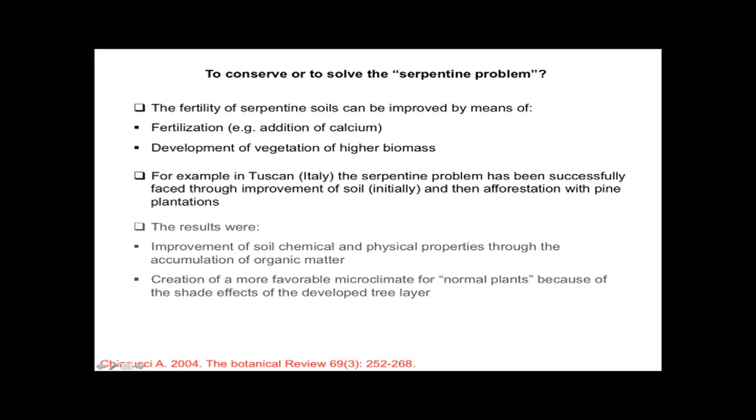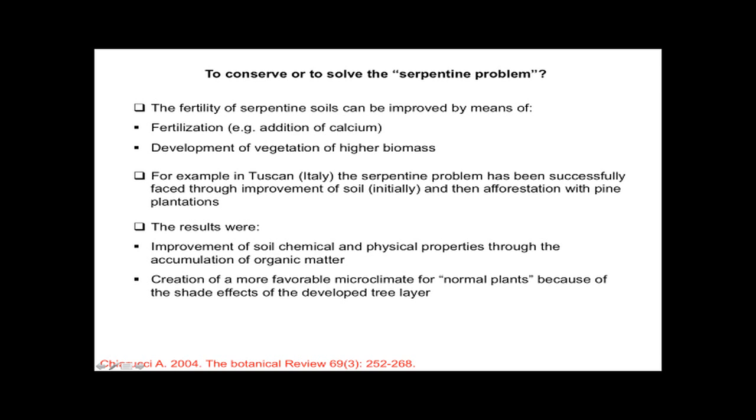The result of this improvement of soil was that the soil properties, chemical and physical, have been improved through mainly the accumulation of organic matter from the pine plantations. And a second positive effect of the pine plantation is the creation of a more favorable macroclimate.